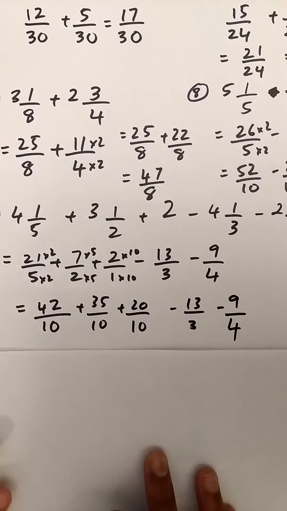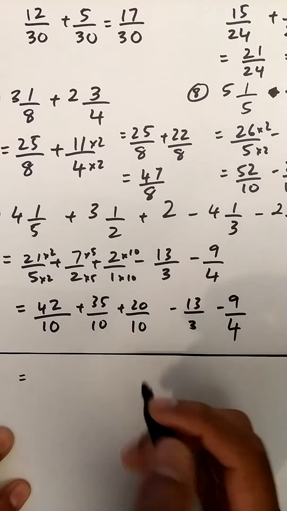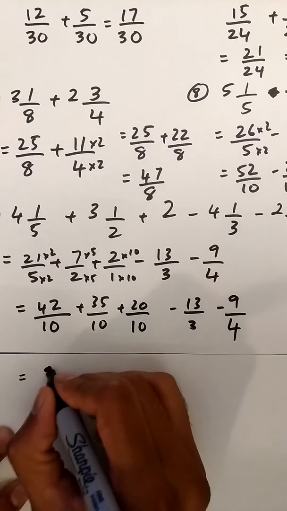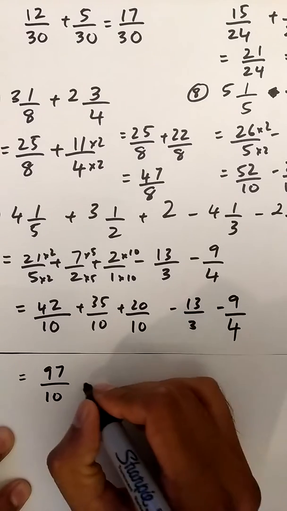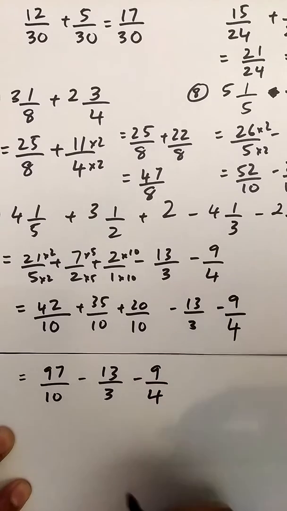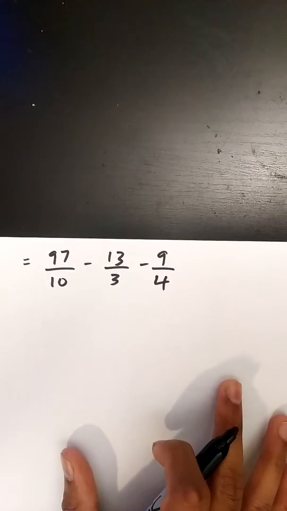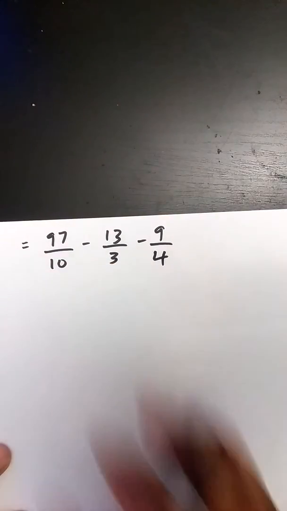And if I'm continuing that, 42 plus 35 is 77, plus 20 is 97 over 10 minus 13 over 3 minus 9 over 4. Again, I'm looking for my common denominator between these two. It's going to be 30.